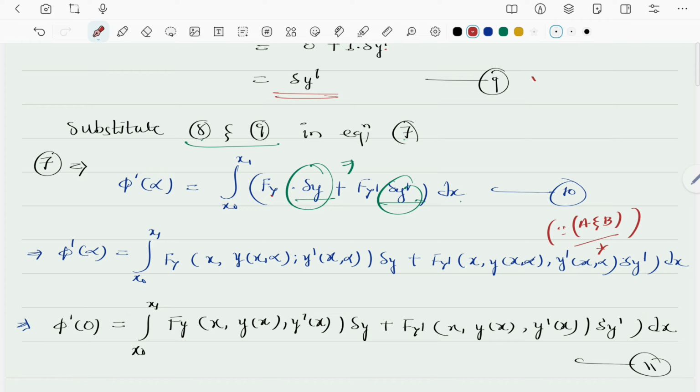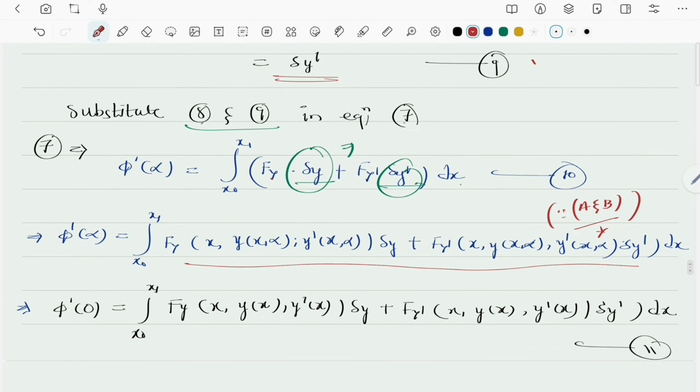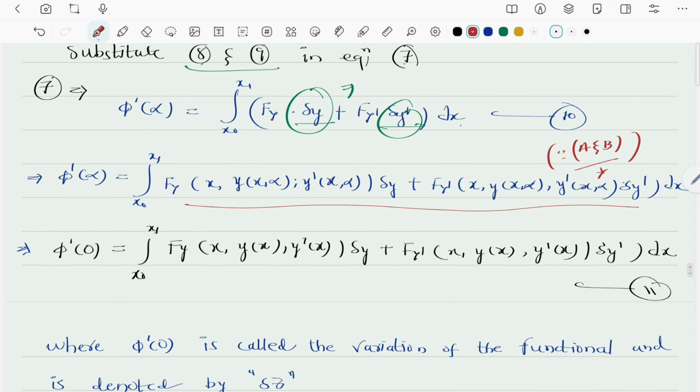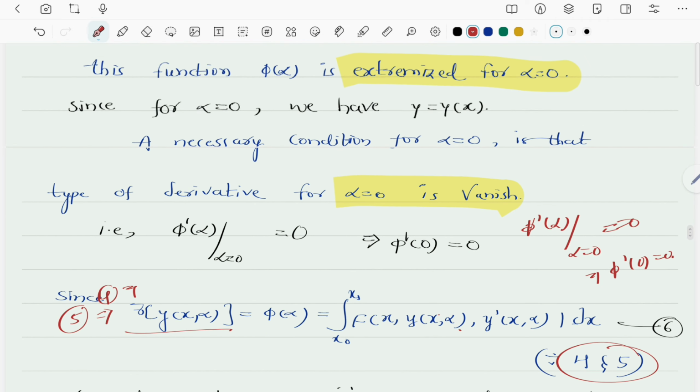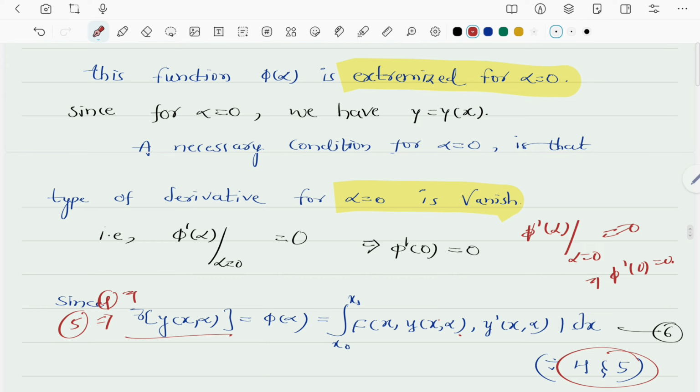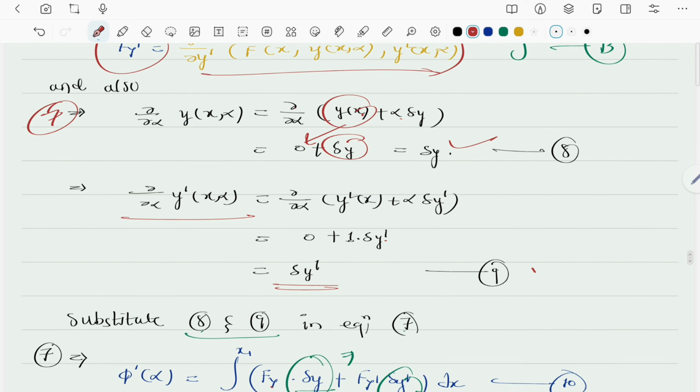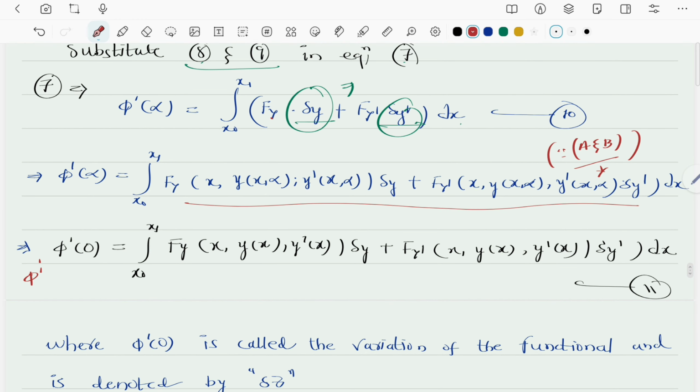Since we know that the variation of pi dash of alpha at alpha is equal to 0, as we already discussed, this is equation number 11.